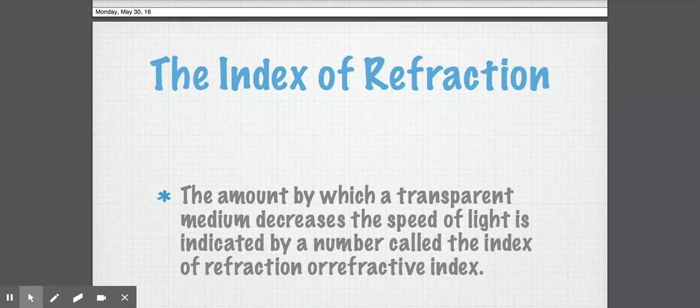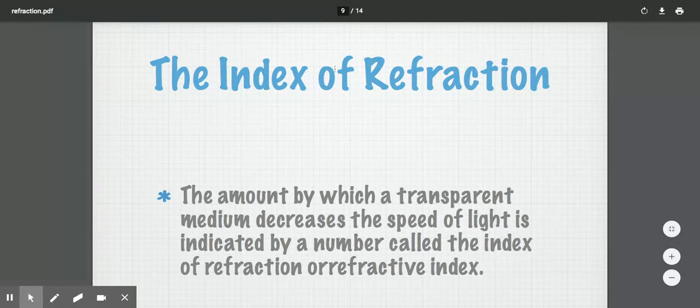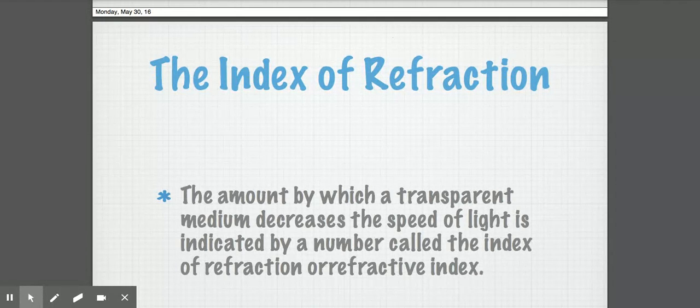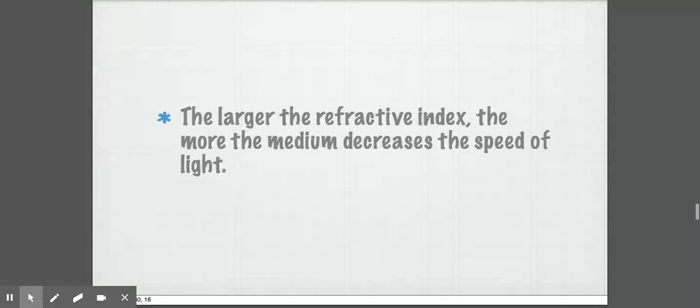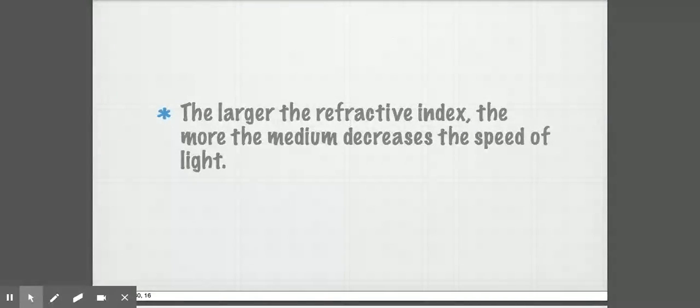Before, we were just saying as light slows down, it's going to bend. Now using the index of refraction, we're able to say exactly how much light is going to slow down as it goes from one medium to another medium. The larger the refractive index, the more the medium decreases the speed of light. So if the index of refraction is higher, it means that it's going to slow light down more and more and more.